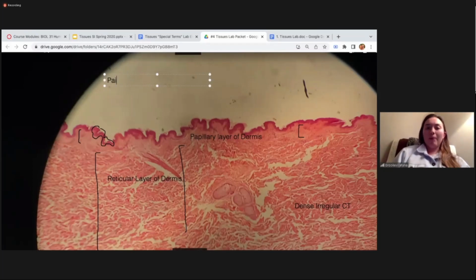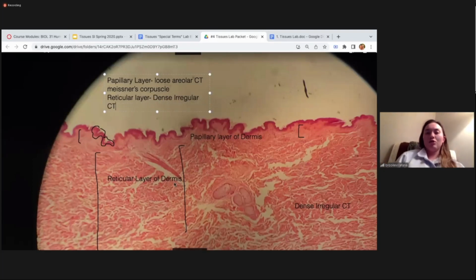For papillary layer, what are our tissues? Loose areolar connective tissue. And then our Meissner's corpuscle is located there. And then for reticular layer, it's the dense irregular. That's the main reason I was showing you those, to make sure you understood the difference of the locations.